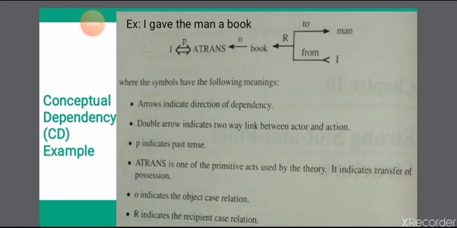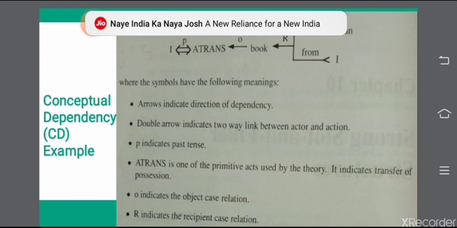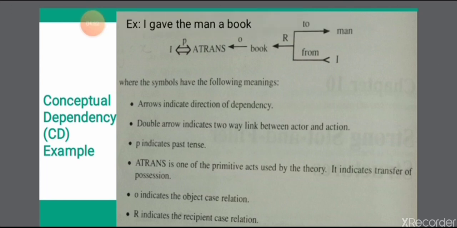The symbols we have used have meanings. The arrow indicates the direction of dependency. The single arrow indicates the direction of dependency. Then the double arrow indicates a two-way link between actor and action.